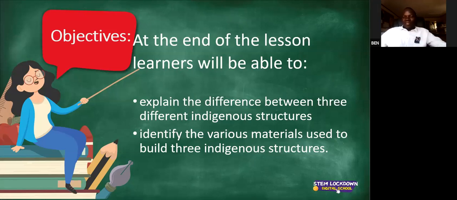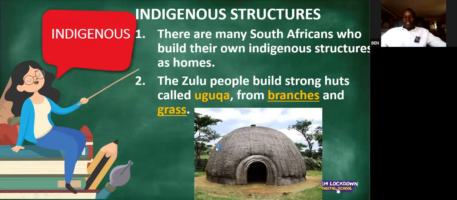We have different cultures in South Africa where people used to live in different types of structures. So today we are going to focus on 3 different cultures, meaning we won't take all the cultures.